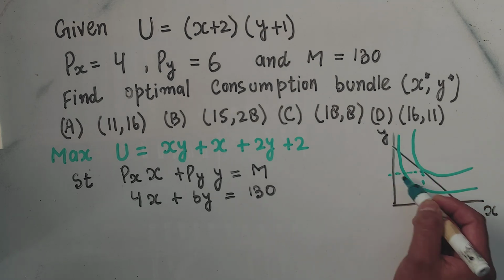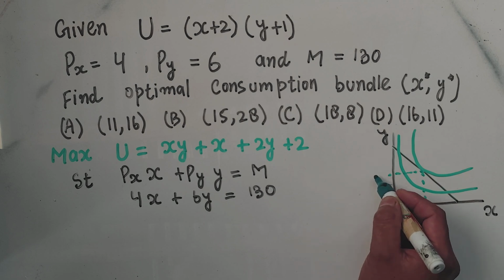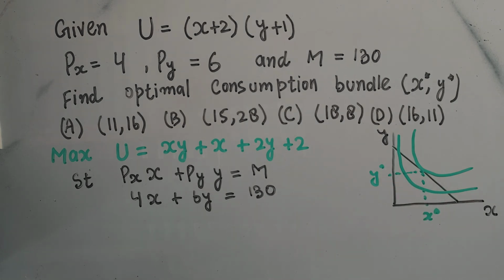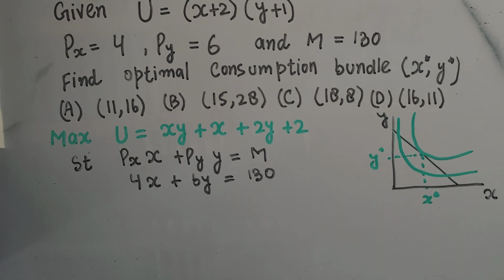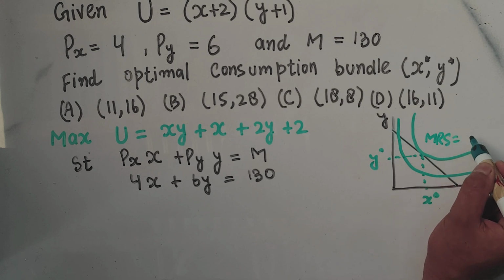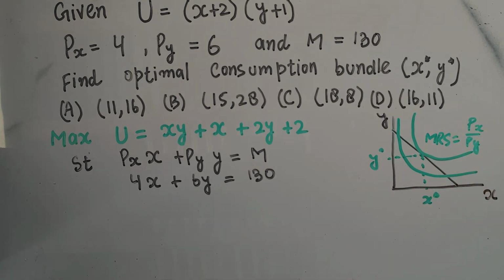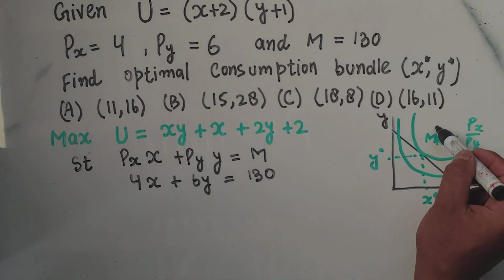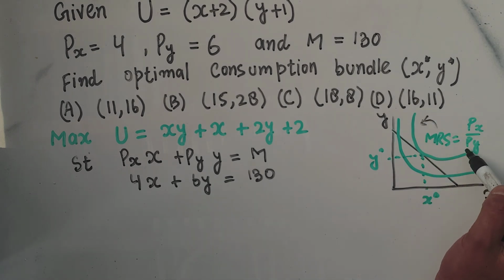That will give us the optimal consumption bundle. Now what happens at that very point? Our marginal rate of substitution will be equal to the ratio of the prices, price of x upon price of good y. MRS denotes the slope of the indifference curve, and this ratio denotes the slope of the budget line.